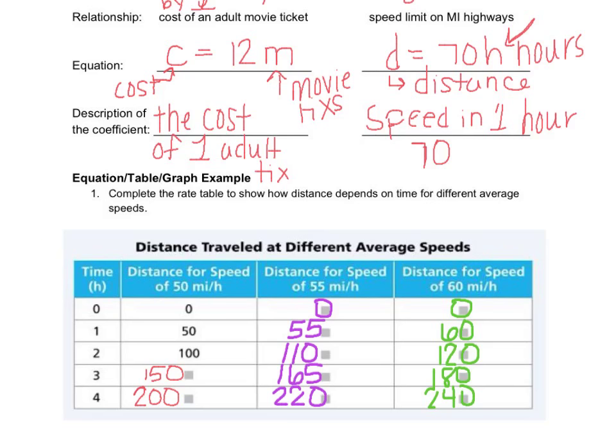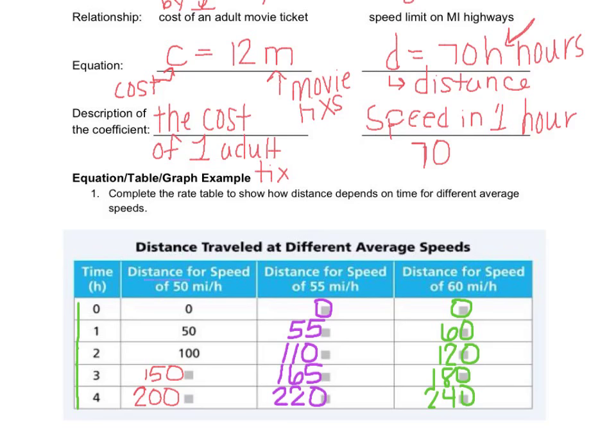Alright, so you may need to pause the video if you need to double check, but take a look and see if you've got correct distances traveled for each time or each hour right here. If you're not sure how these numbers were found, then what you would need to do is here it says the distance for speed.